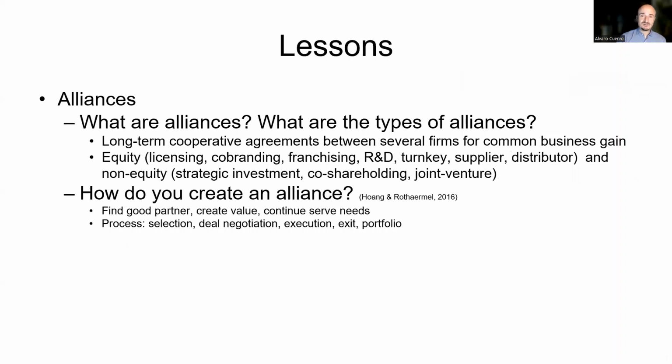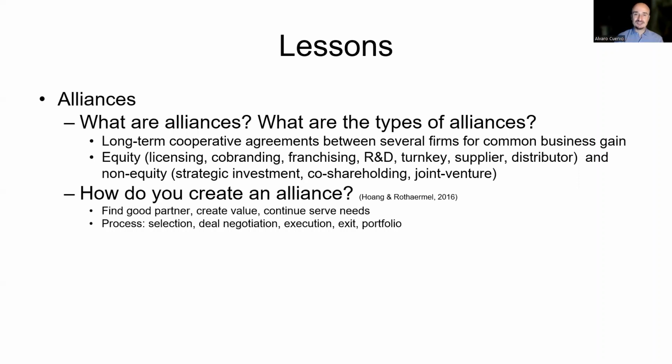So, what's the story? Alliances are long-term cooperative agreements among several companies to achieve a common goal. Important thing, nobody has full control. The idea is that you have to think about cooperating and working with others and making sure that everybody is, to some extent, getting what they want and being, quote-unquote, happy, working and continuing working together.